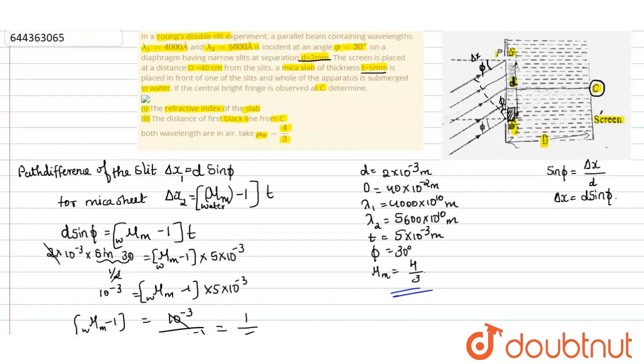Moving on to question B, that is the distance of the first black line from C. So suppose the first black line is observed at this point, and the distance between C and the first line, consider it as y, and we need to calculate the distance y. If we have two lines, then the first black line on either side of C must be at the same distance.